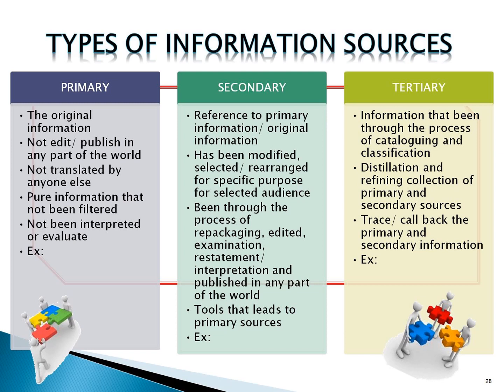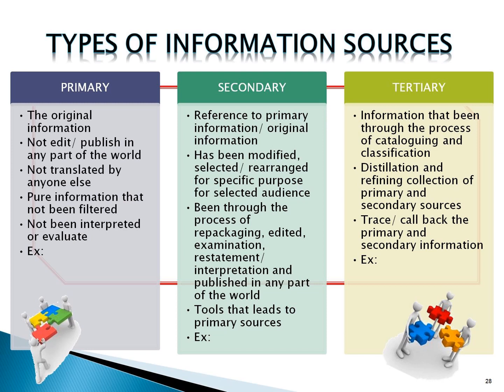Alright, and the last one is tertiary, class. So what is tertiary? Tertiary is information that has been through the process of cataloging and classification. The keyword here is distillation. Distillation means we refine the source, we filter the source.